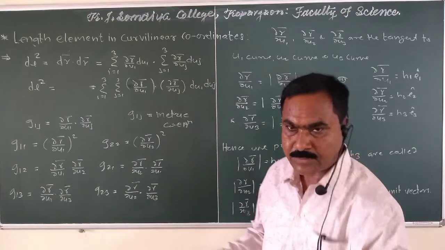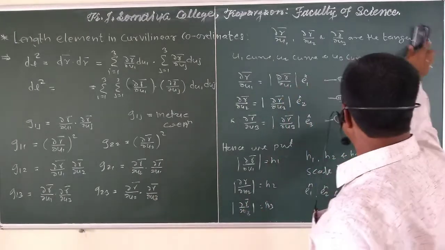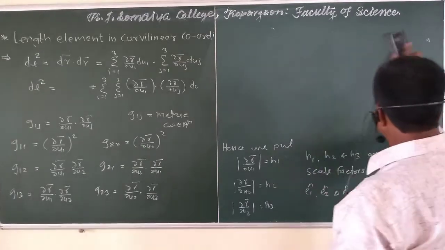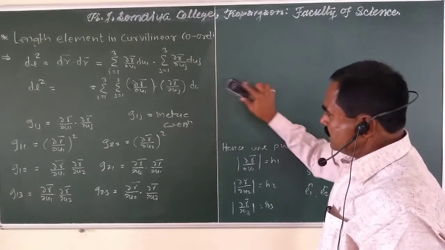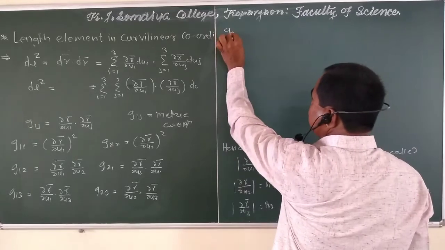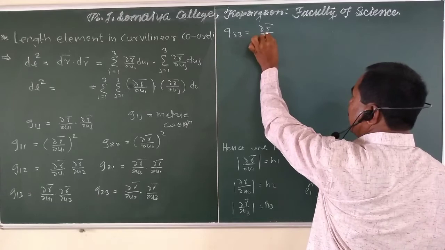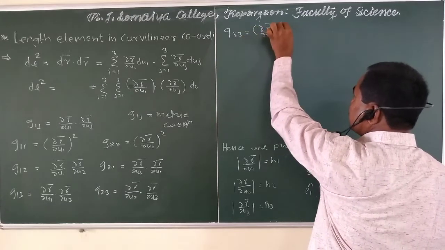Okay. So next we write g33 equal to (∂r/∂u3) squared.